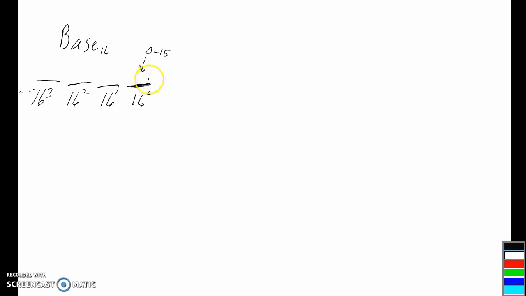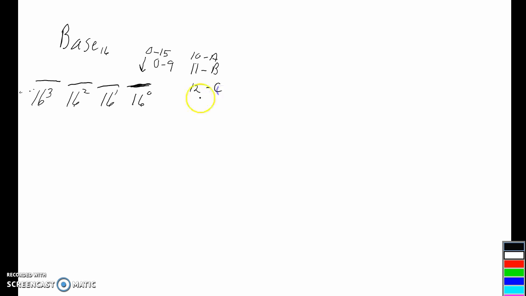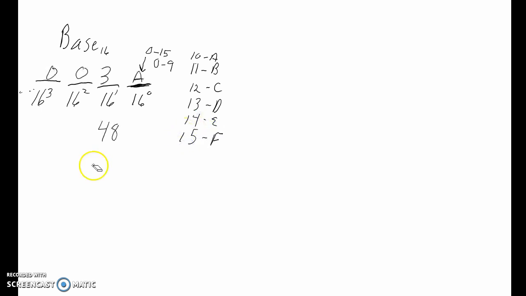So what base 16, or what we call hexadecimal, does is, 0 to 9 can go in there. And if it's 10, we use the letter A. If it's 11, we say it's the letter B. If it's 12, we say it's the letter C. 13, D, 14, E, 15, F. So we take 3 times 16 and we get 48.